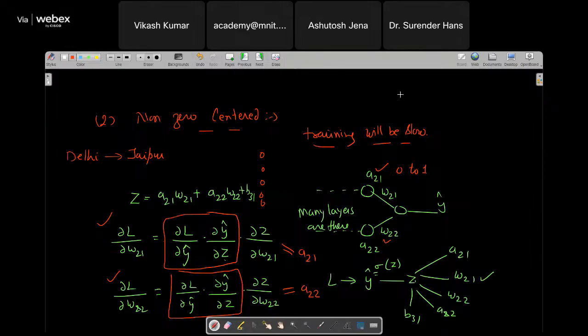So now, the example that helps us understand this non-zero centered problem: on the way from Delhi to Jaipur, I cannot take the left turn or the right turn, so it will take more time.